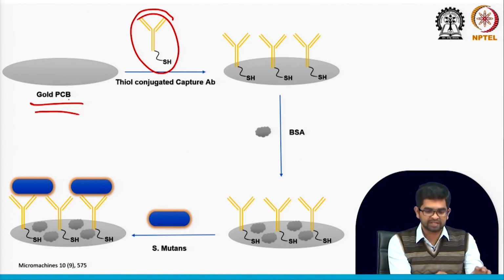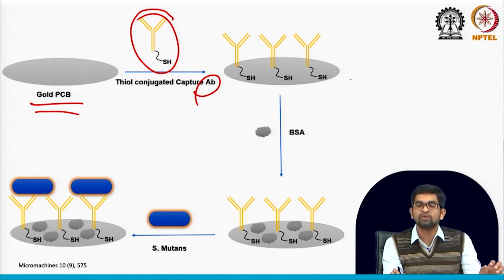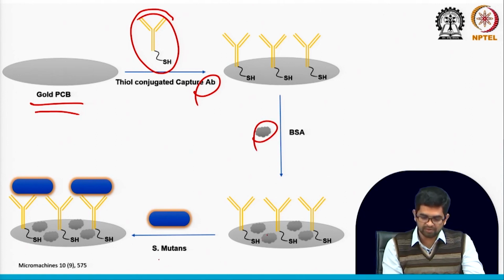So on the gold printed circuit board, we are using a thiol conjugated antibody. Then we will get, see, like this, a thiol conjugated gold surface. Now we add the BSA. Now we are using the bacteria, and that bacteria is conjugating here on the surface. This is just another example.